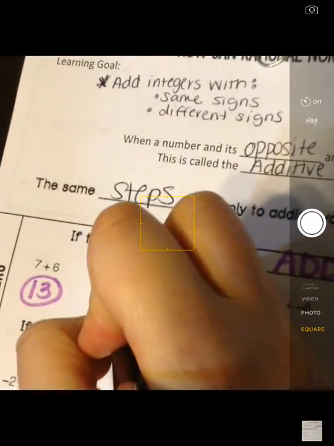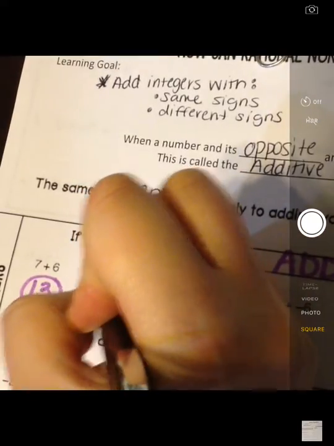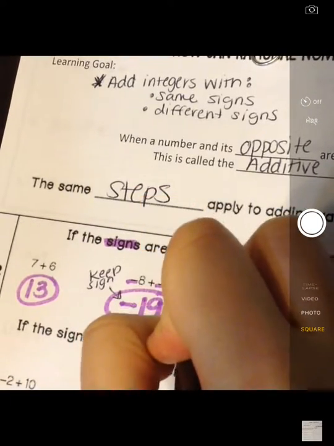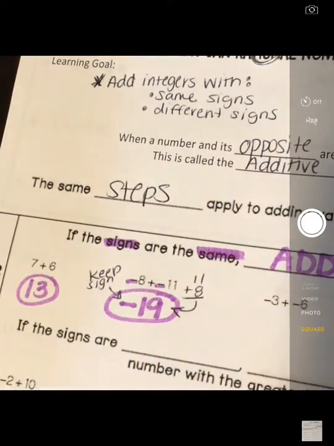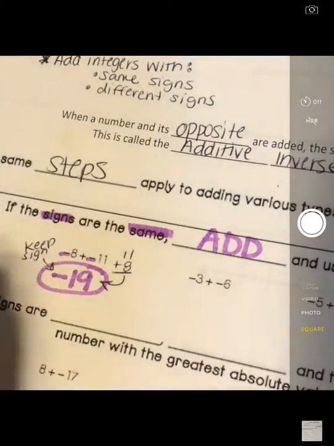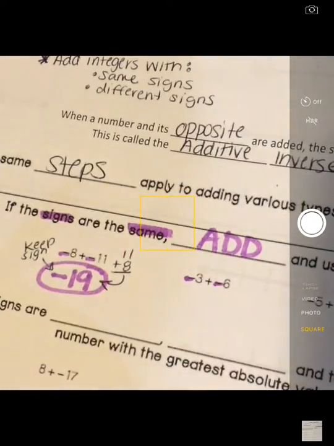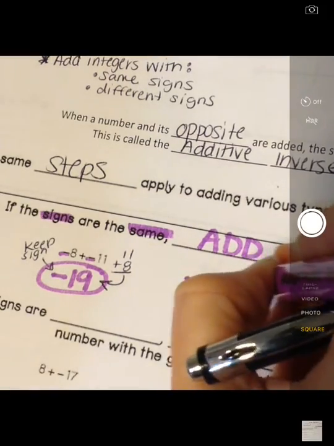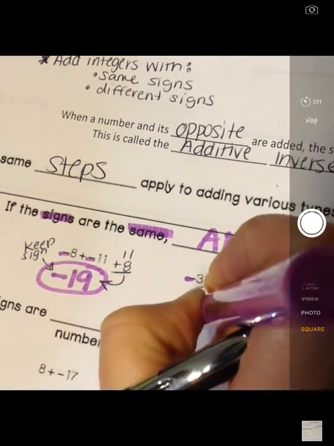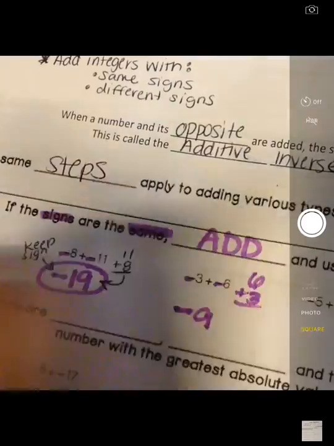So we keep the sign and then just simply add 11 plus 8. Again, negative and a negative, so same signs, add. 6 plus 3 is 9, and keep.